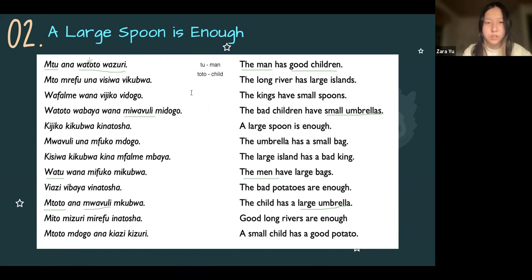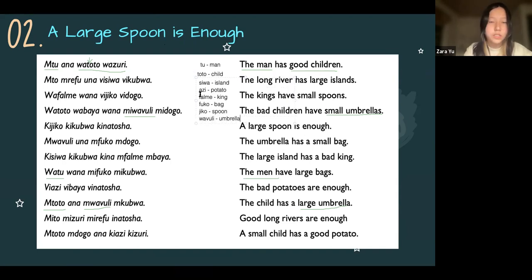So I'll just go down the list of all the translations here. So this one is island. AZI is potato. This one is king. This one is bag. This one is spoon. And this one is umbrella.